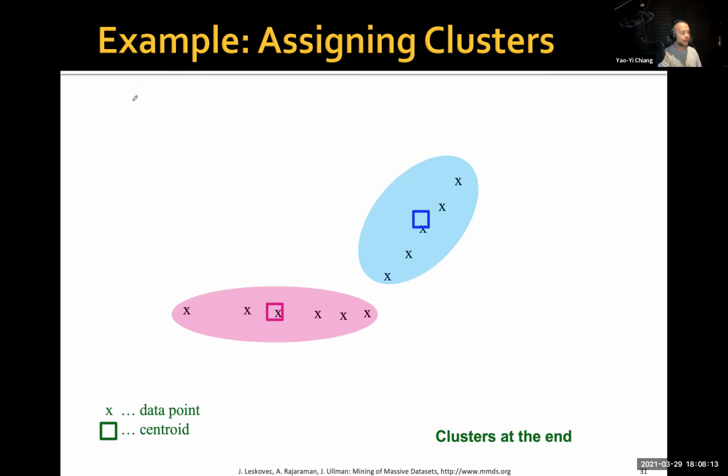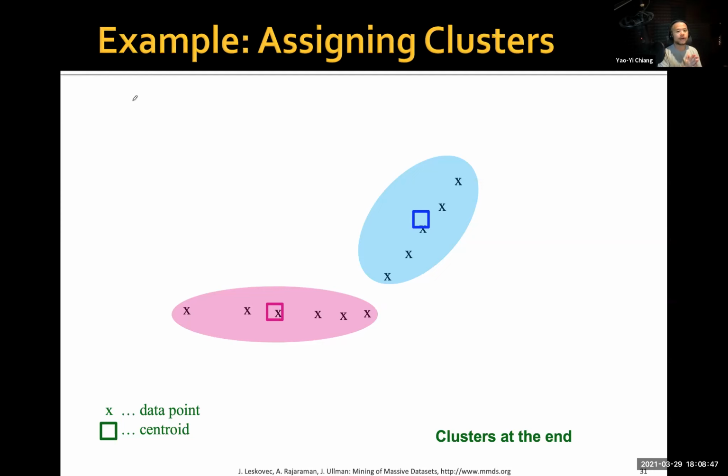Okay, so think about this. If we are working on a large data set, what would be the problem? Does this still work? It's very time consuming, yes. So, but what's the computational expensive part? Well, first, you have to calculate the distance between a point to all the cluster centers, right?